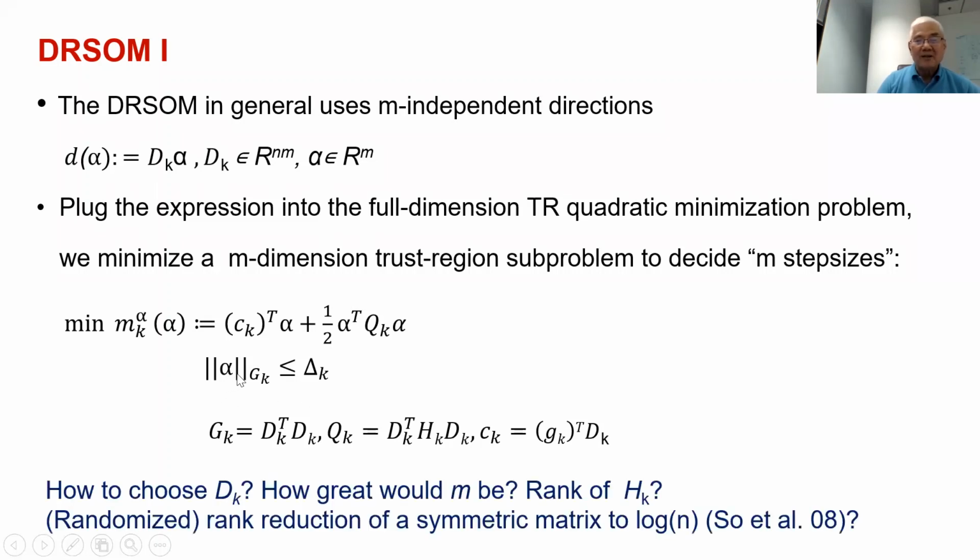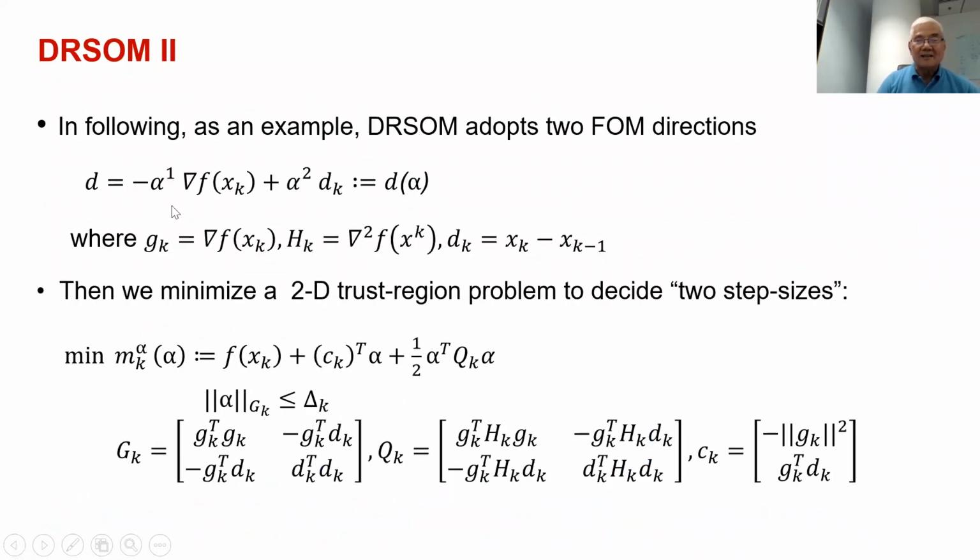There are many theoretical questions I'm not going to answer. The following computational results use the same directions as the accelerated gradient method, or the ADM method with the momentum direction. So I need to develop a step size alpha 1 and alpha 2 along these two directions, the gradient direction and the momentum direction.